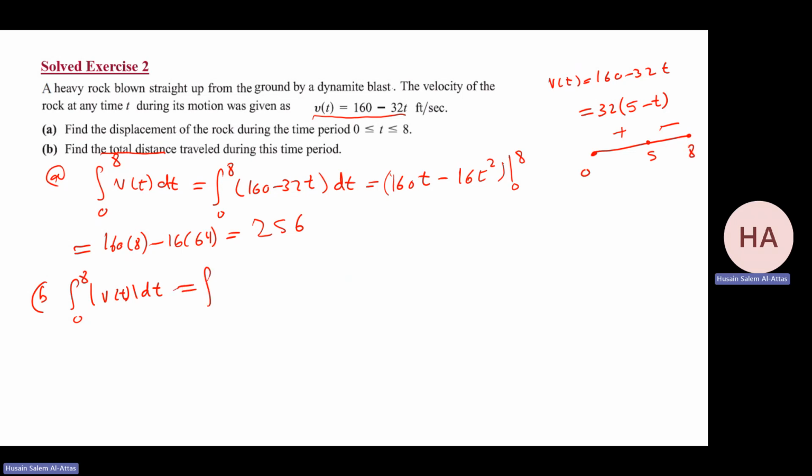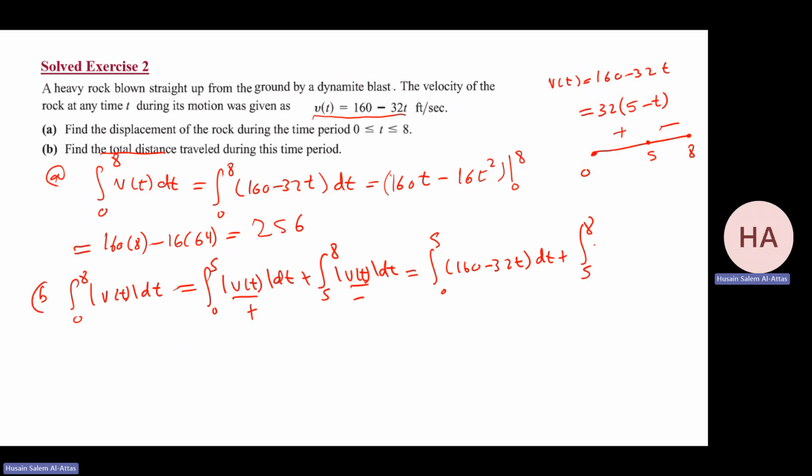So I split it: 0 to 5 of the absolute value of v of t dt, plus 5 to 8 of the absolute value of v of t dt. This part is positive, and this part is negative. So that will give me, from 0 to 5, 160 minus 32t dt, plus from 5 to 8 the other one, negative, so 32t minus 160 dt.